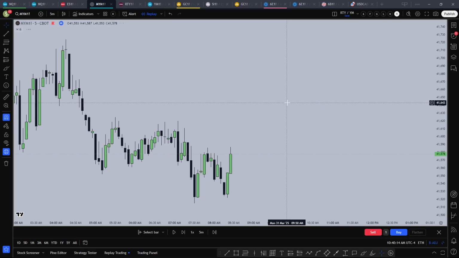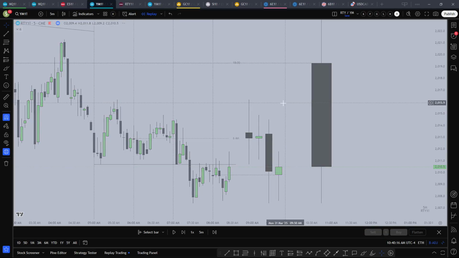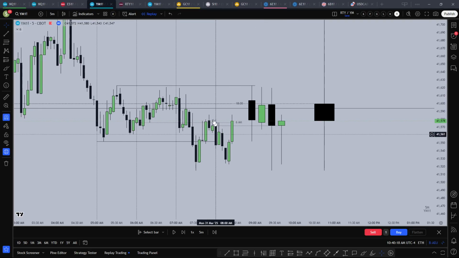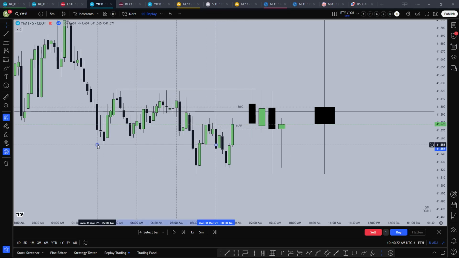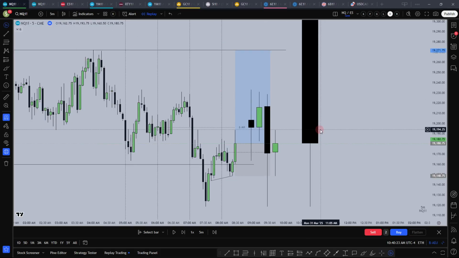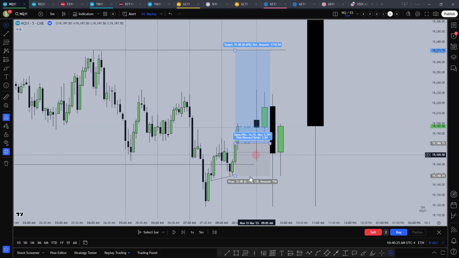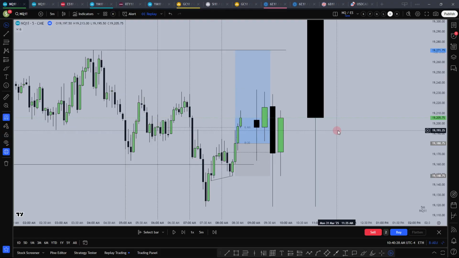Talking about YM, vice versa, not so much good or a structure I wanna be in. So NQ, if I were to take anything, this would have been the long.